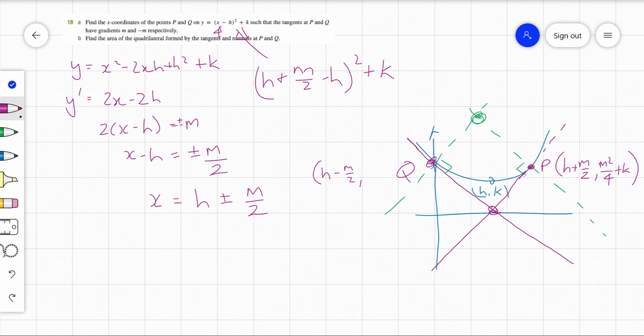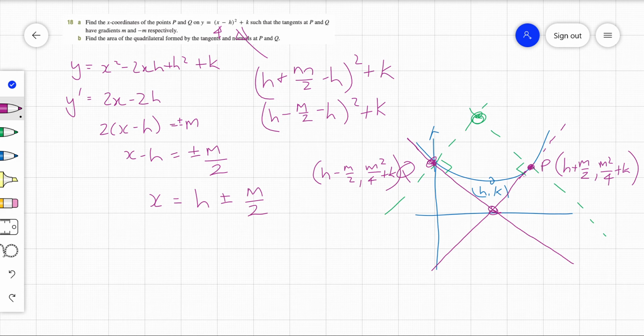And if I sub in h minus m on 2 here and square it plus k, funny thing happens, h minus h cancels, you get negative m on 2 all squared, which is positive, so you still get m squared on 4 plus k. So they are at the same height, so that's good that we did draw them at the same height.